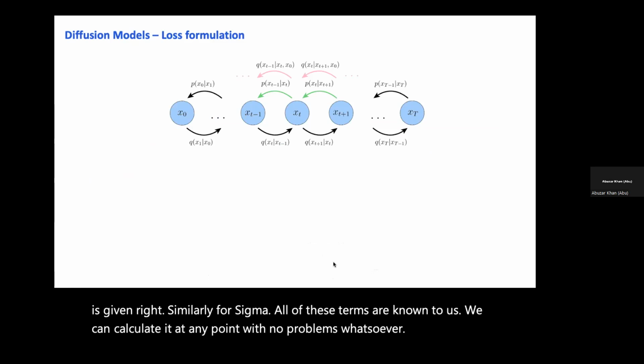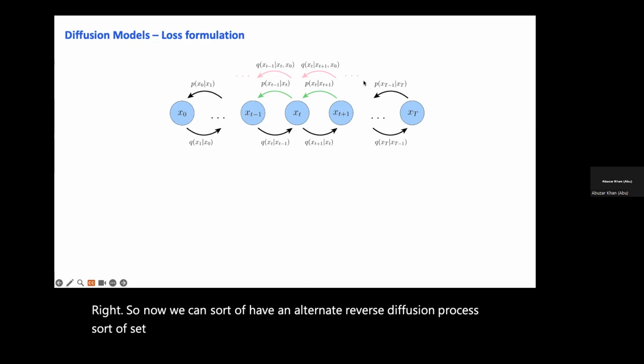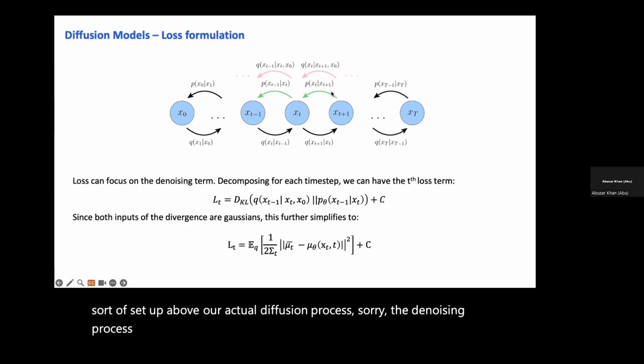Right, so now we can have an alternate reverse diffusion process set up above our actual diffusion process, sorry, the denoising process. And we can focus on the denoising term for our loss, right?